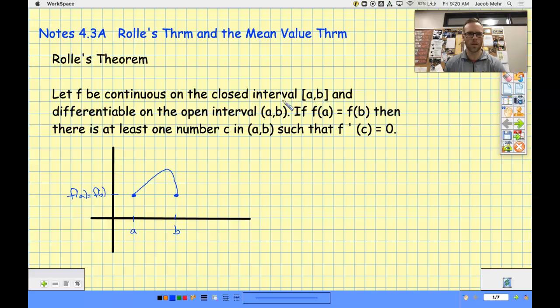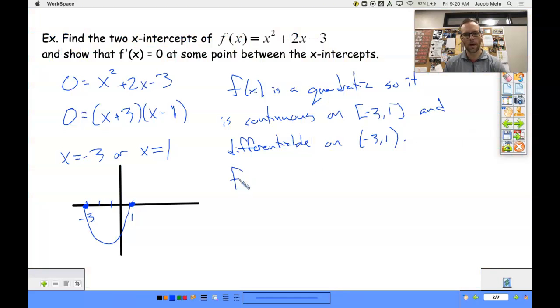All right, now, so let's take a look at this. We said it's continuous on the closed interval, differentiable on the open interval. Now we have to say f of a equals f of b. F of -3 equals f of 1, right? Because they both are equal to 0.